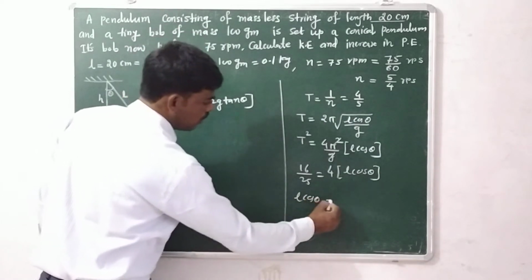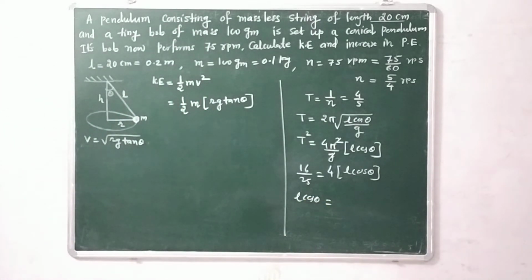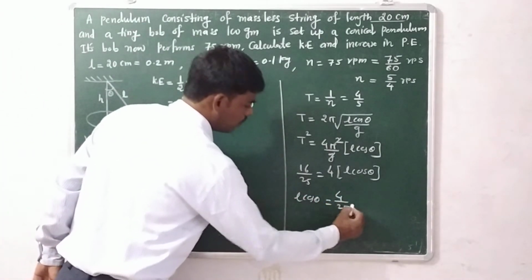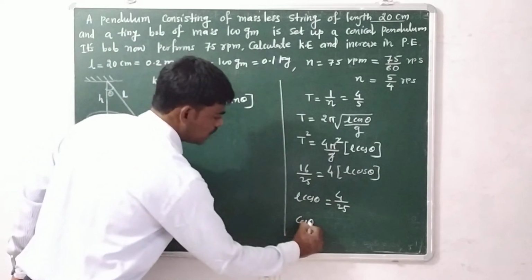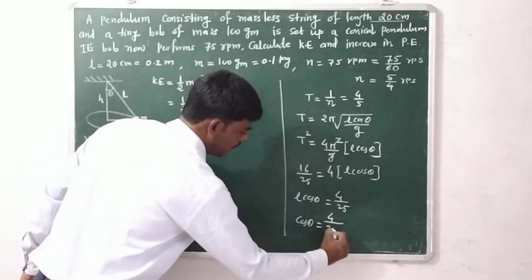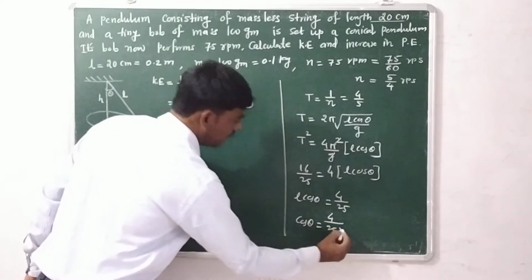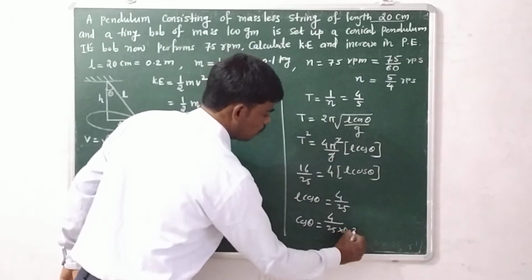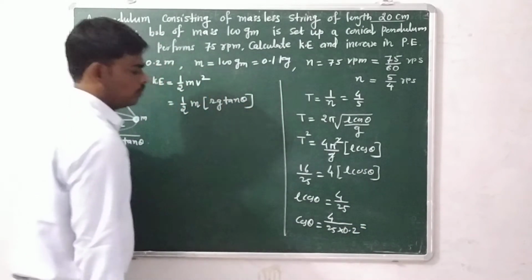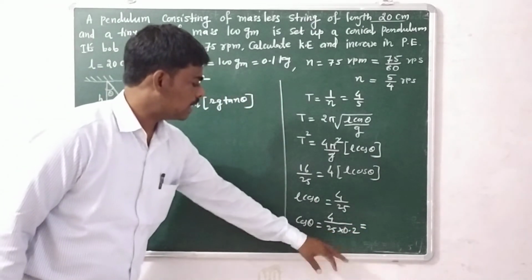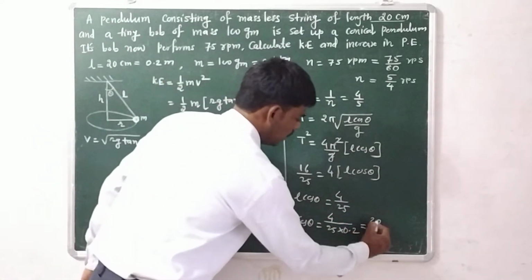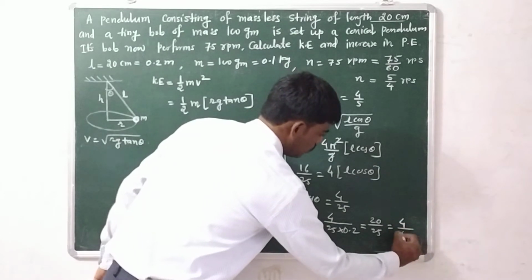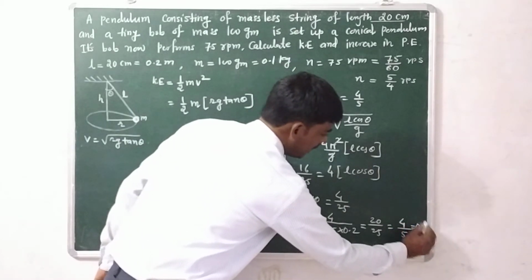That means L cos theta is equal to 4 by 25. So cos theta is equal to 4 by 25 into L, and the value of L is given to you, 0.2, which is 2 by 10. It becomes 20 by 25, that means 4 by 5, that means 0.8.